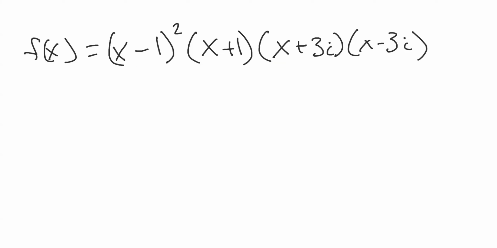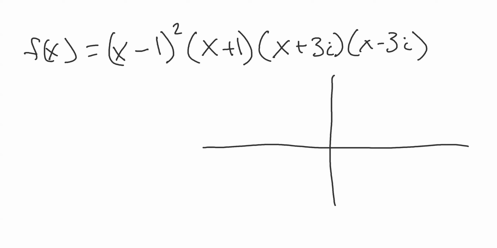So let's take a look at what this means. When we graph this guy, we have x equals 1 as a point. We have x equals -1 as another point. And then these are imaginary, so these are not crossing the x-axis.